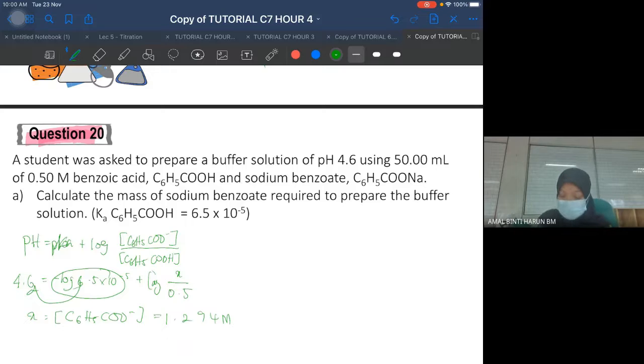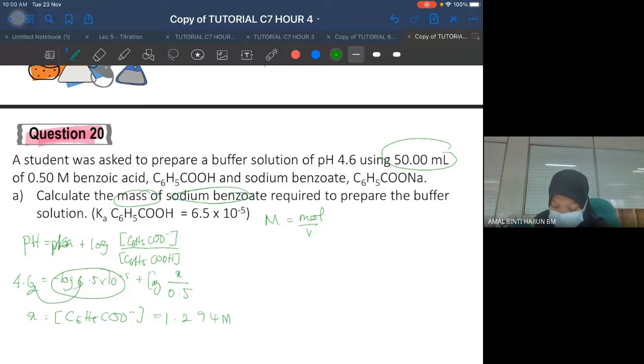Okay, now actually the question asks to find the mass of sodium benzoate. So molarity is mole over volume. The volume is where the sodium benzoate is contained. So it sits in 50 ml of solution.